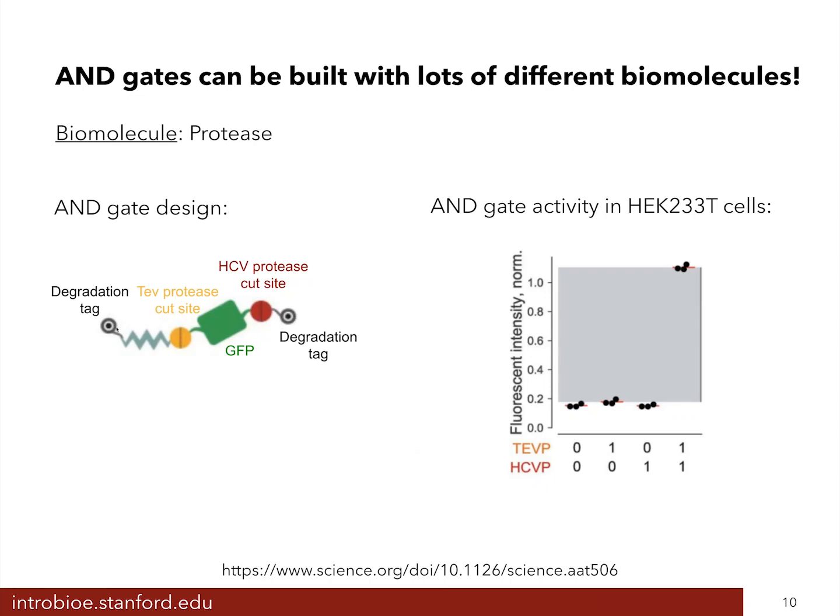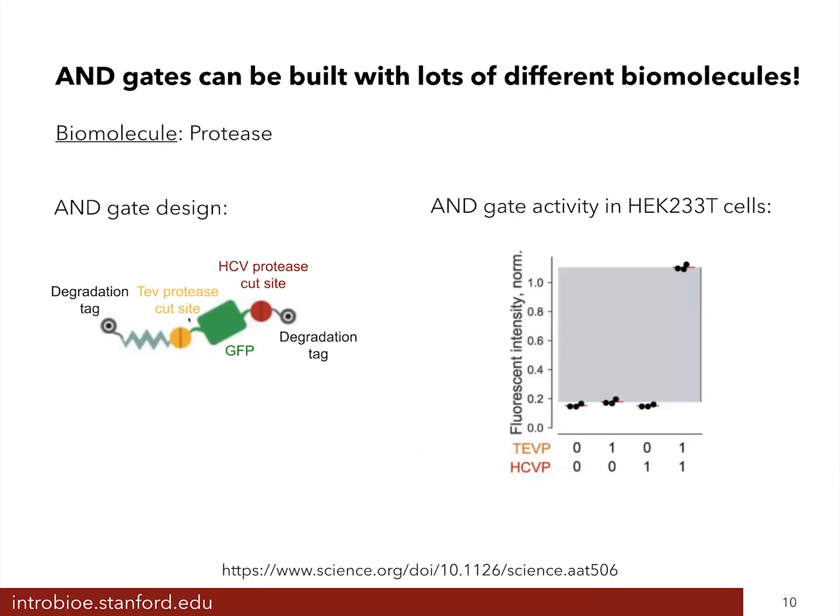Now, these two degradation tags will cause GFP, the protein, to be degraded really quickly. So you never see fluorescence signal in a cell, even though it's making GFP protein, because the protein is so quickly chewed up. Now, the TEV protease is going to be expressed in response to your first input, and it will cut the protein just upstream of the GFP part so that it removes the degradation tag.